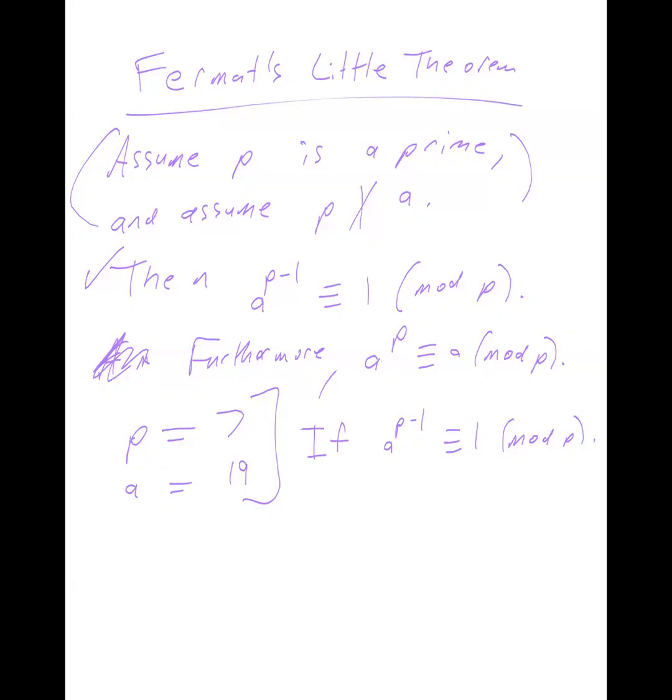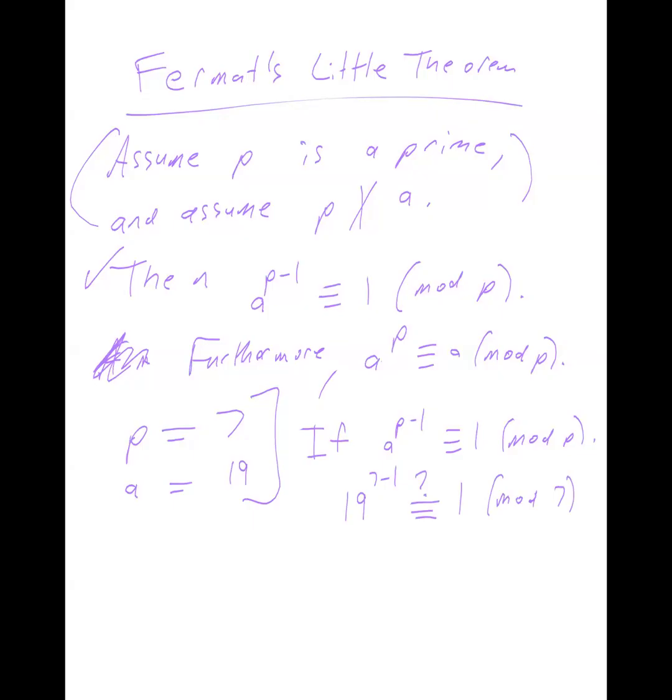Plug in A is 19. So, 19 to the power of 7 minus 1 is supposed, now this is a question mark, we don't know if it's true or not. Is it really congruent to 1 mod P? Mod, what's P again? 7, right?